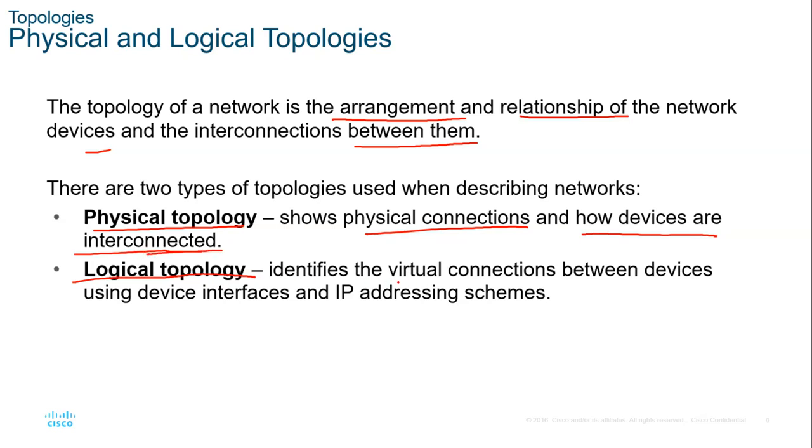Logical identifies even the virtual connections. Something that is virtual, you cannot see it with the naked eye until you run some configurations. So these are the virtual connections between devices using the device interface. You are able to see the interface, but what is set on the interface?